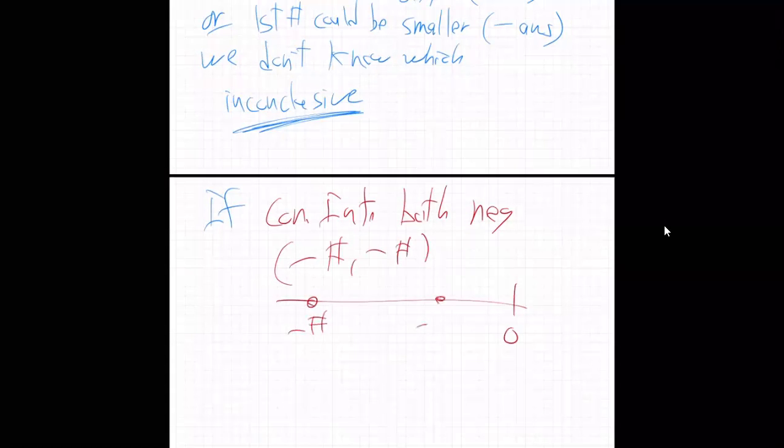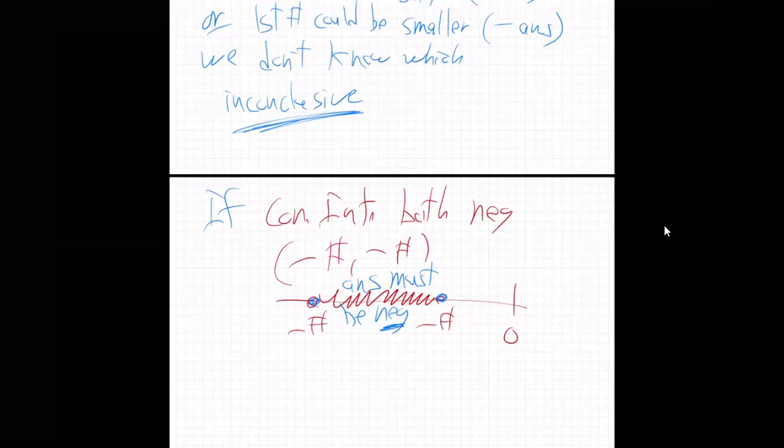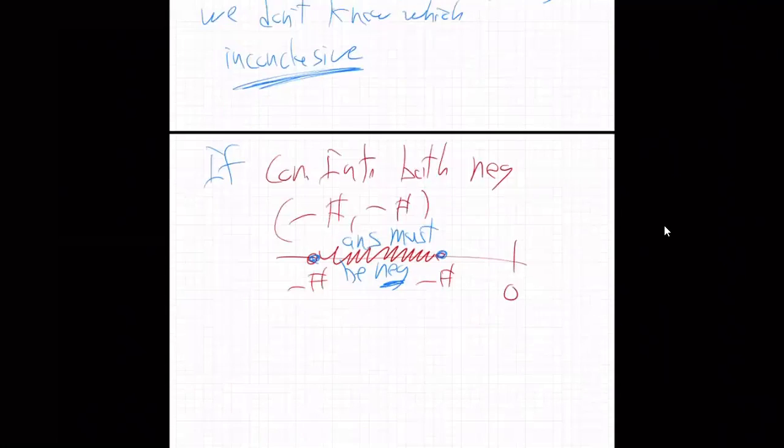That means you're going from a negative number to a negative number. That means you're confident that your number is what? Negative. It's in negative territory. So your answer must be negative. Do you see that? If you've got 2 negative numbers in your confidence interval, then your answer must be in negative territory.